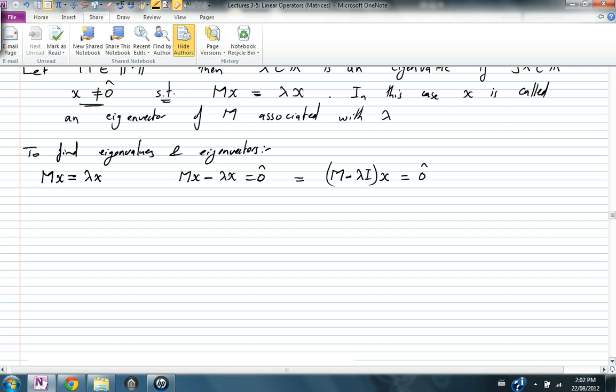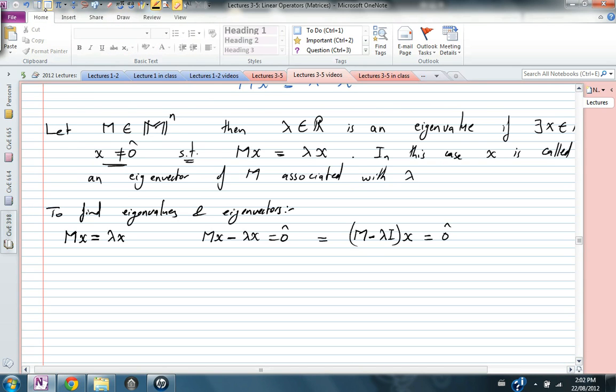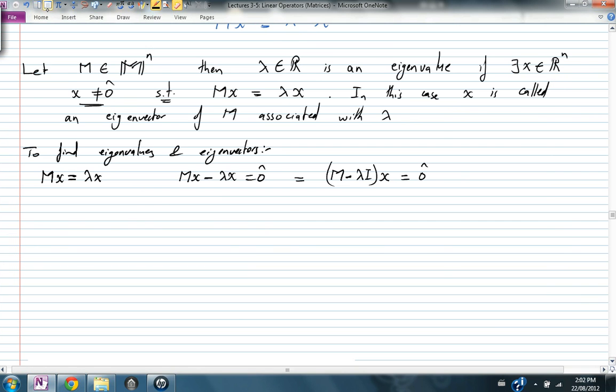Now, from above, the vector x is not equal to 0.